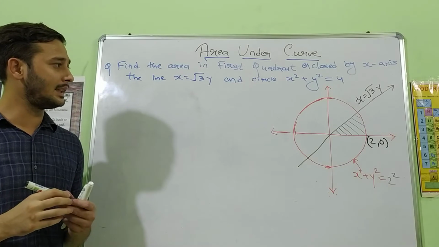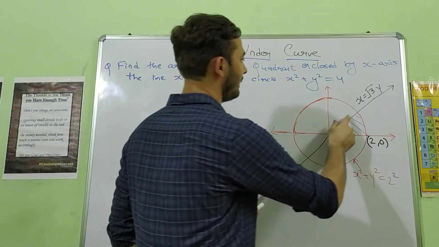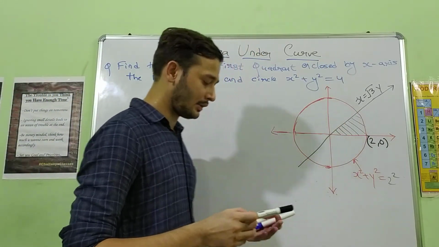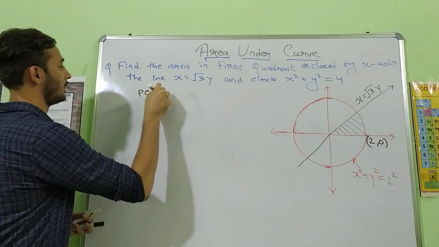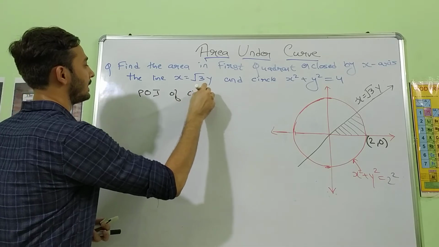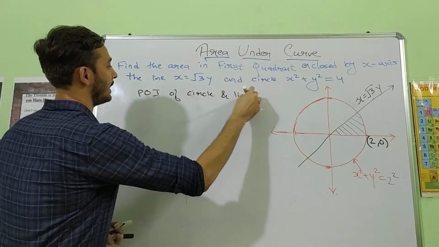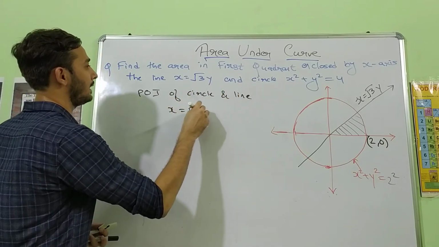Now we can see this line and circle intersect at some point. So we find the point of intersection of the circle and the line. The line is x equal to root 3 y.